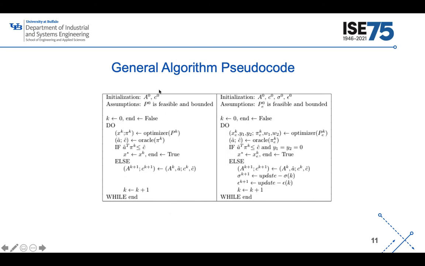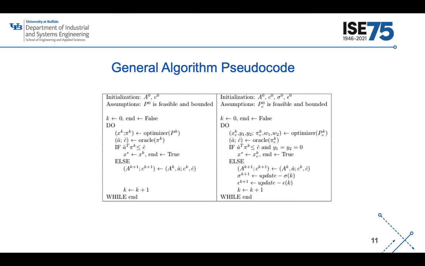But here we have the standard column generation procedure, and this is the stabilized. You don't have to know the details that much, but this optimizer is pretty much solving that restricted master problem. And we get the x values and the optimal pi values for the restricted problem, where we have a subset of the decision variables.